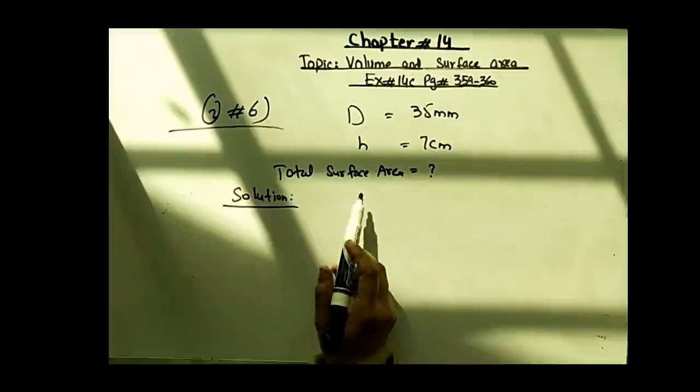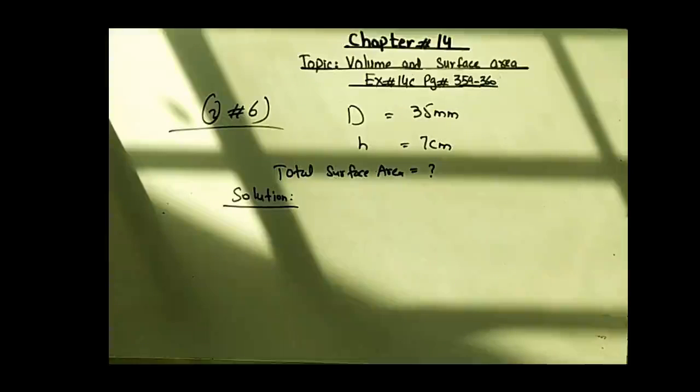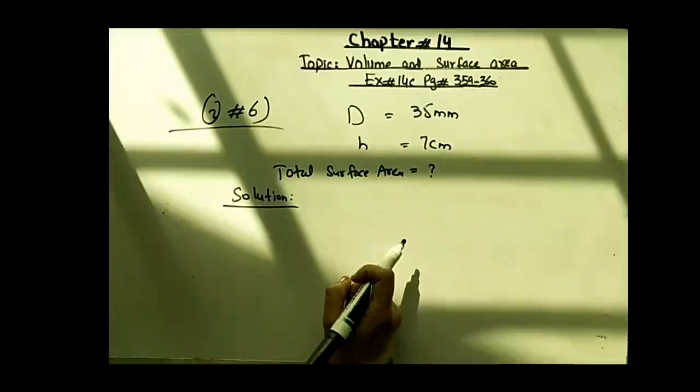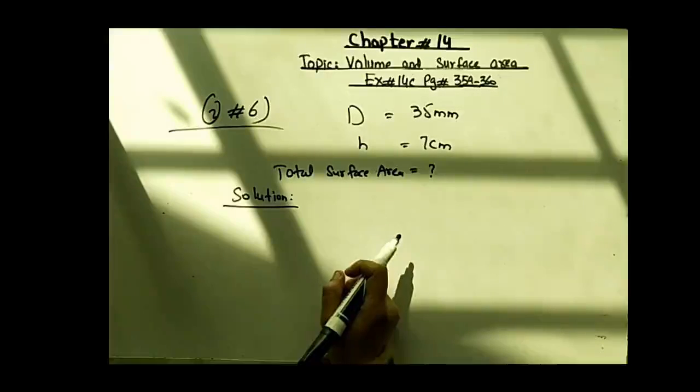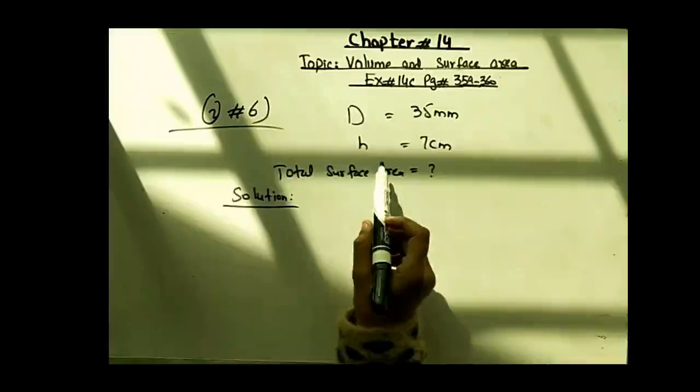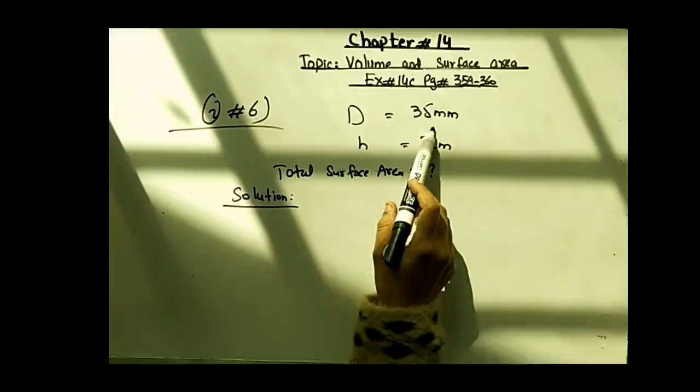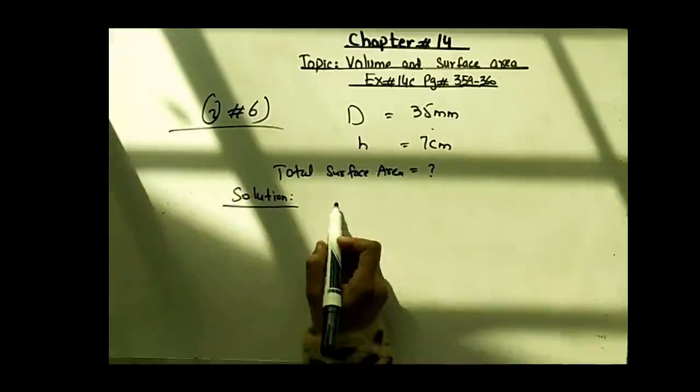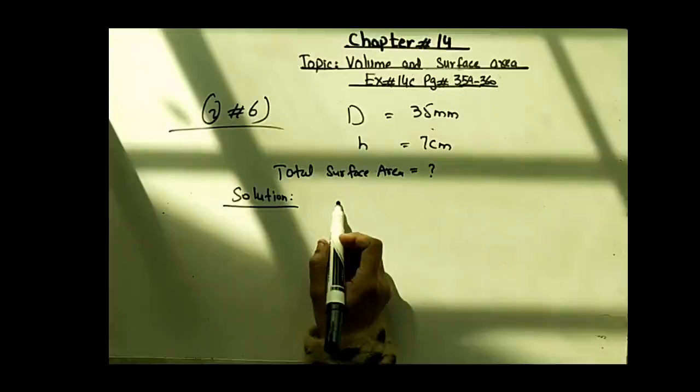Fine. So first we will find the total surface area of one cylinder, then we can find the total surface area of 200 cylinders. So D is equal to 35 millimeter. D means diameter.